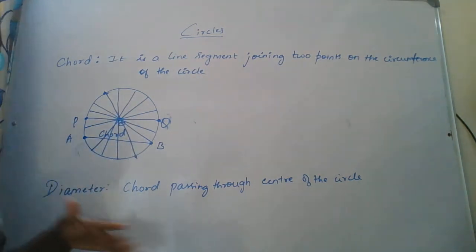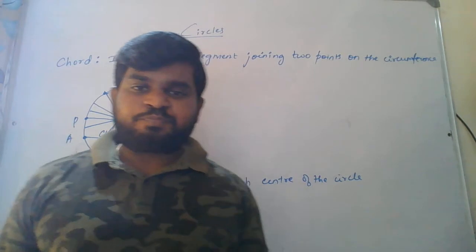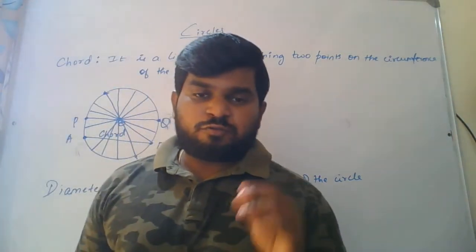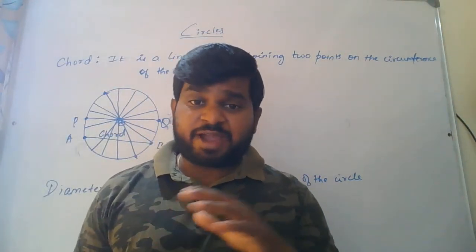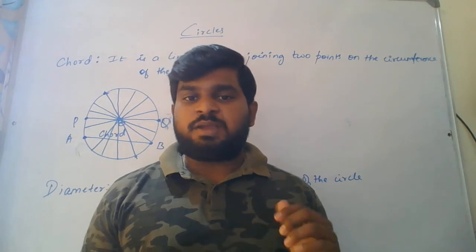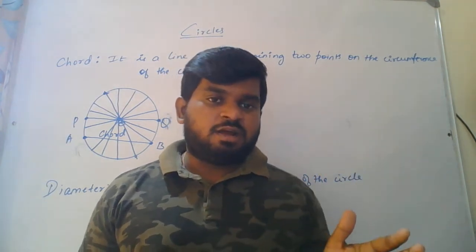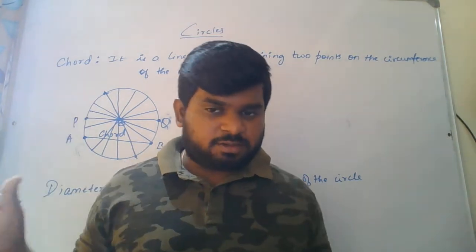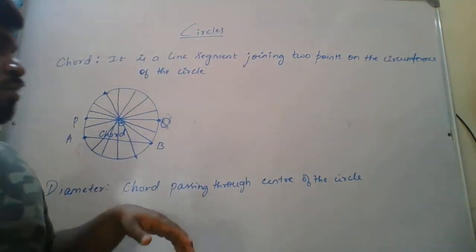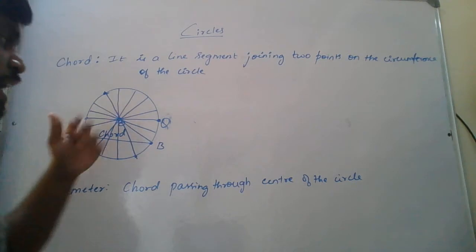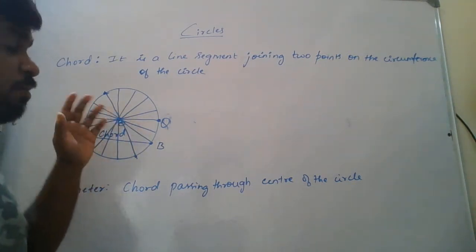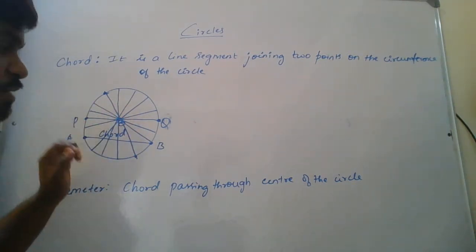So like this, we can keep doing it, isn't it? Therefore, for a circle, we can have infinite diameters, meaning it is beyond finite. Infinite is like beyond finite. We can draw many diameters.